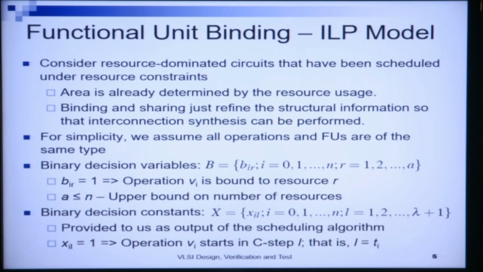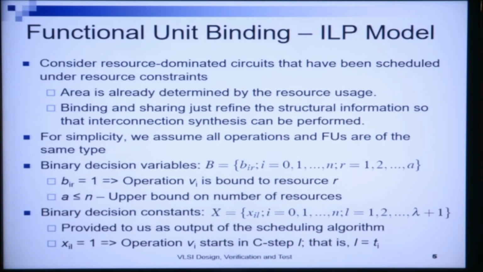Now, to start with the ILP model, again here we need to define a set of decision variables. So, what are the decision variables here? The decision variables are a set B, which contains many decision variables of type b_ir. Now, what are these indices i and r? i goes from 1 to n, the number of operations, and r goes from 1 up to a, the number of resources.